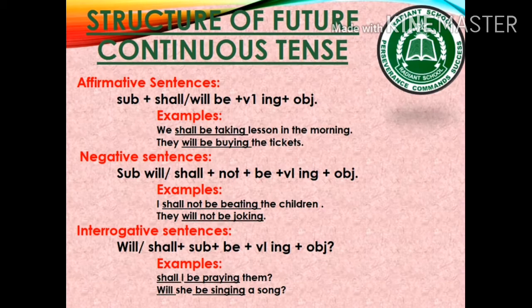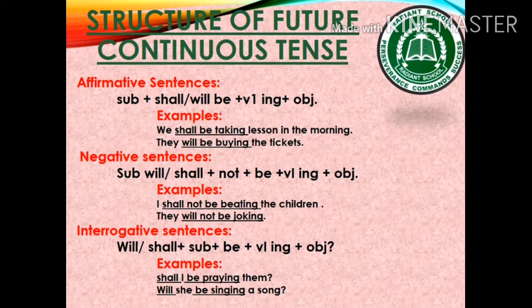For negative sentences, we use will not be, shall not be with first form of verb plus ing. For example, I shall not be beating the children. They will not be joking.